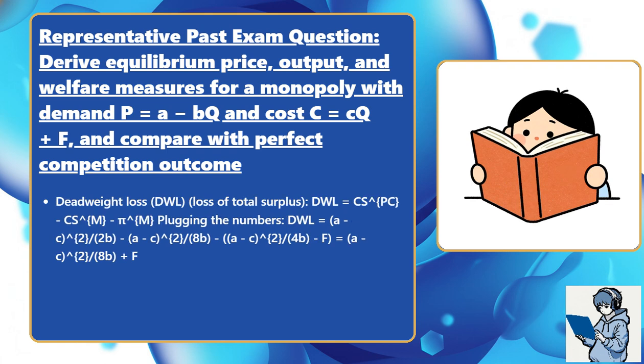Deadweight loss, DWL, the loss of total surplus, equals consumer surplus under competition minus consumer surplus under monopoly minus monopoly profit.